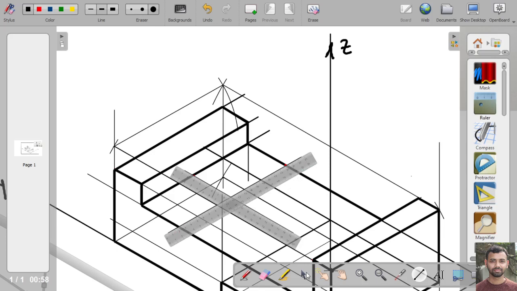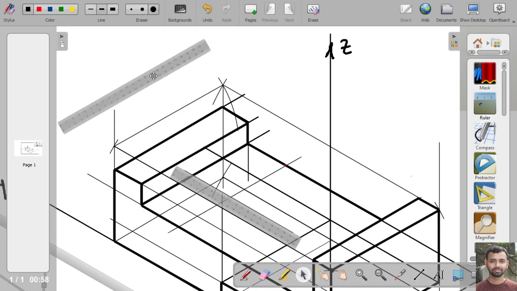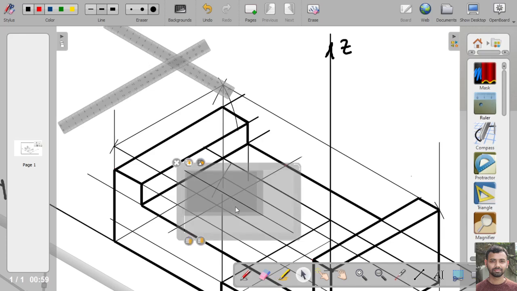Okay, so we have got the center point. The location of the center point is this.